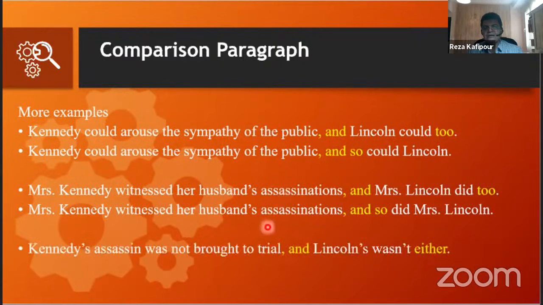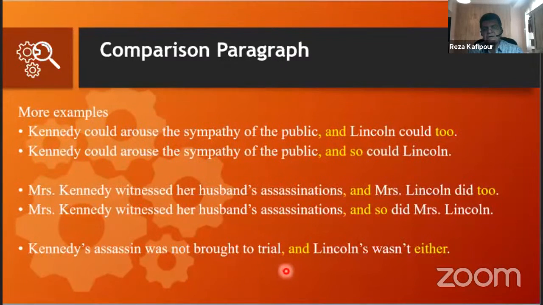And the last example refers to another structure in this group, "and either" and "and neither". They are used when our sentence is in negative form. See, Kennedy's assassin was not, because of "not" it is a negative sentence, was not brought to trial.